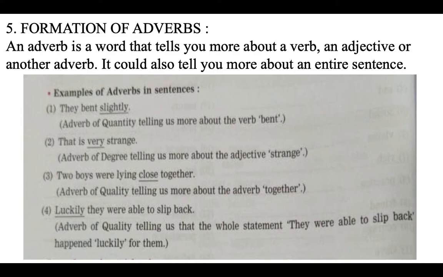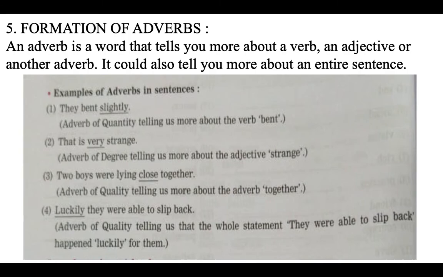We are all aware of this, but it also gives us more information about an adjective, or more information about another adverb. This is what we need to remember. An adjective tells you more about a noun or a pronoun. So an adverb gives us more information about a verb, an adjective, or another adverb.